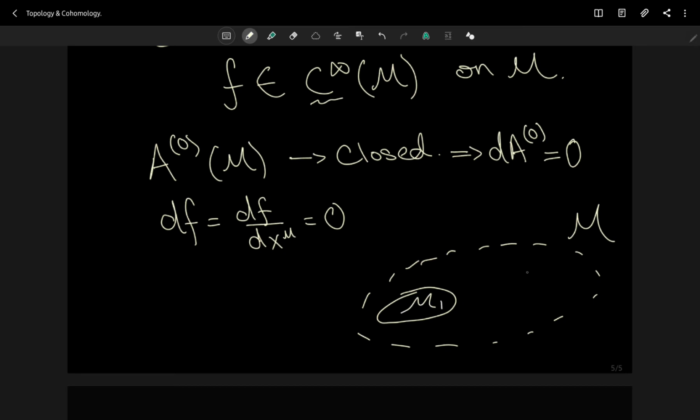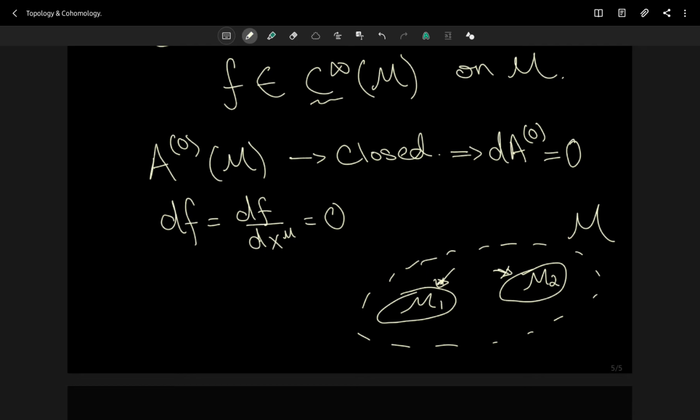This is your M1 and this is your M2. These two pieces are disconnected from each other. Then a locally constant function need not have the same value on each of these disconnected pieces. It does not have to be the same.